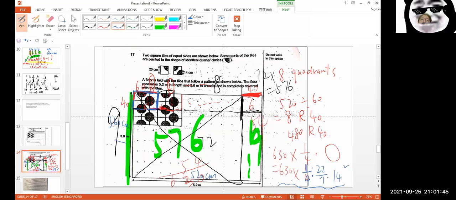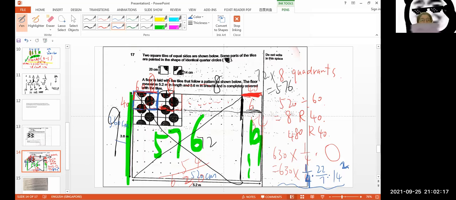Or probably you misunderstood the question. There is a square here, and this is 1/4. Let me double check. 630, can you double check one more time? 630 times 1/4 times 22/7 times 14 squared.